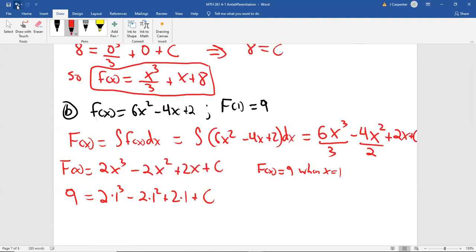And from here, it's just straight up algebra. 1 cubed and 1 squared is 1. 2 times 1 for all of those is 2. So that's 9 equals 2 minus 2 plus 2 plus c. The 2 minus the 2 in the front cancel. So you just have 9 equals 2 plus c. Subtract 2 on both sides.